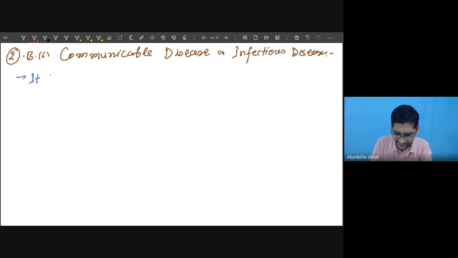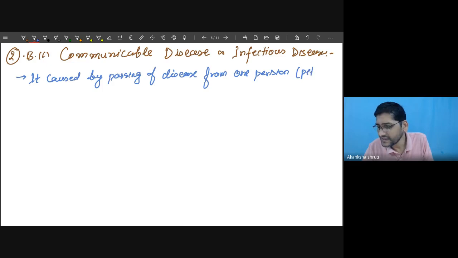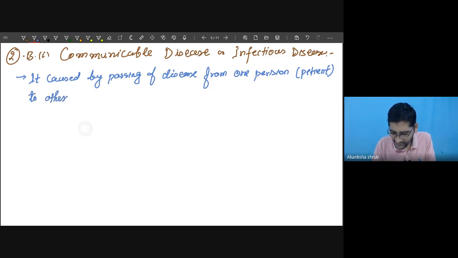It is caused by certain external agent, or it is caused by the passing of disease from one person, who is the patient, to another or healthy person.